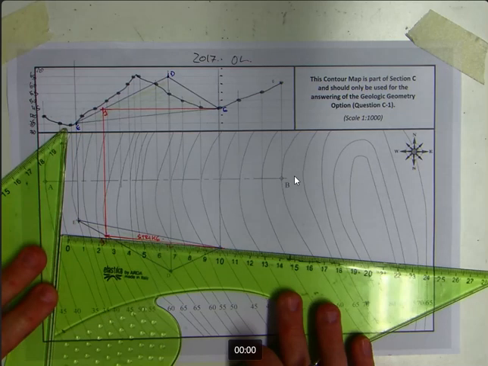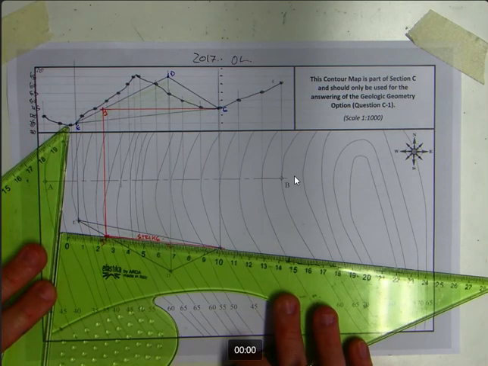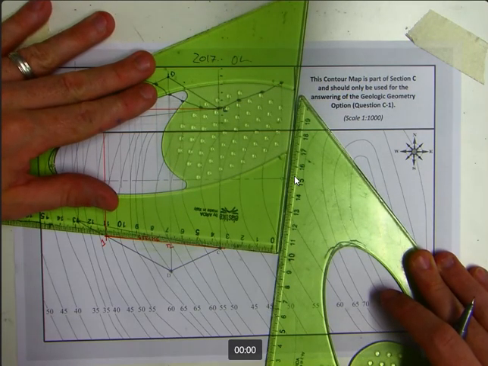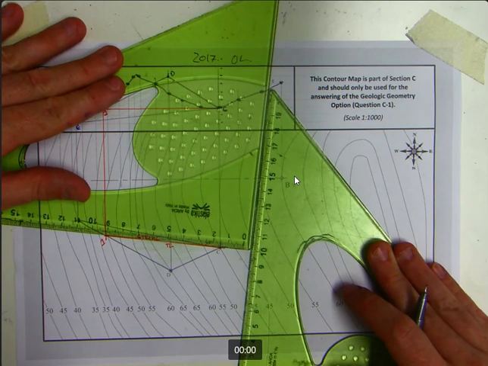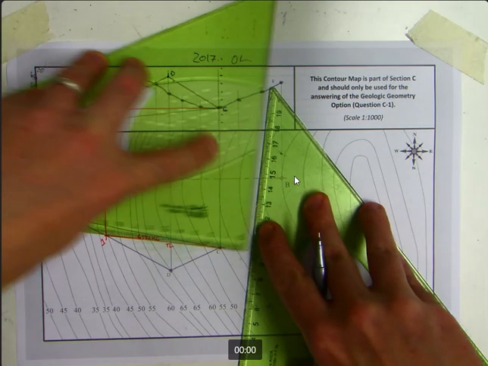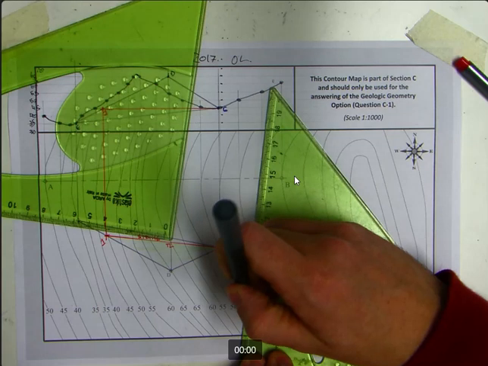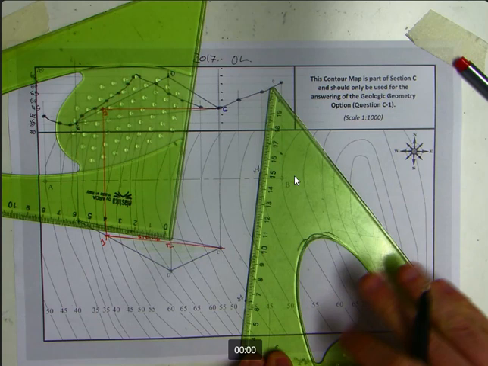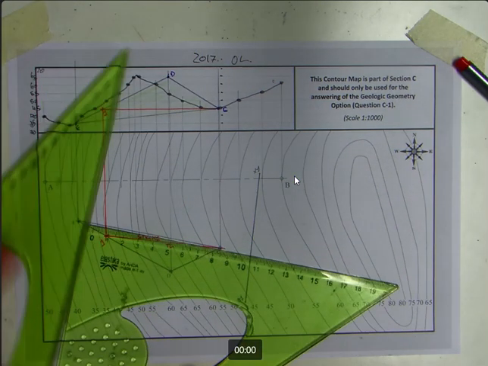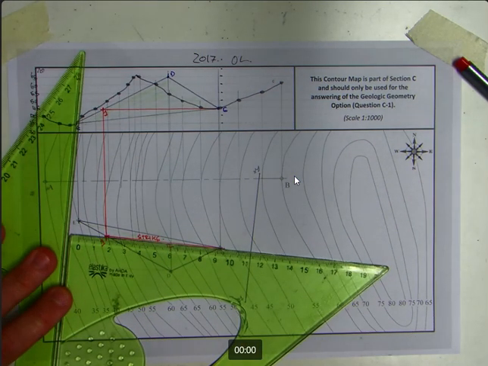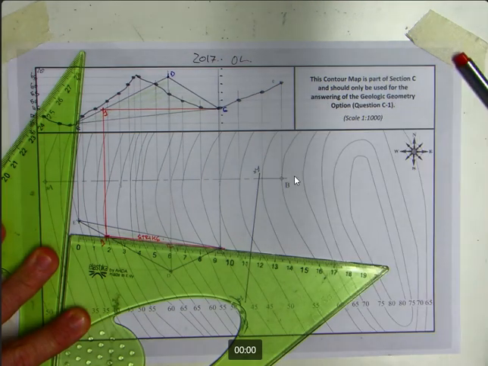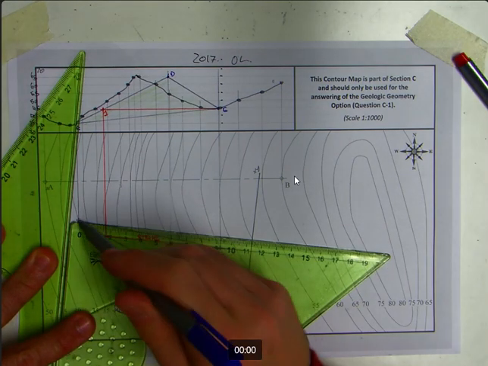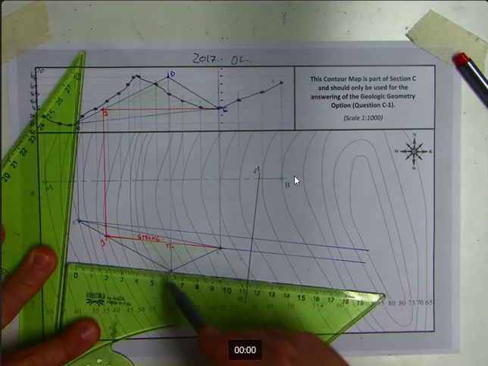Now, what we can do here is, if I do it this way, we can take our strike, we can draw in our x1, y1, and then we can bring all of our points along at the same angle as the strike.